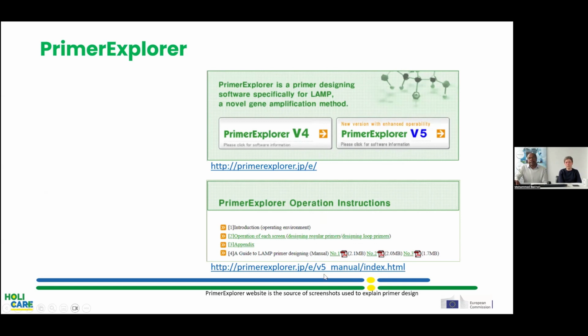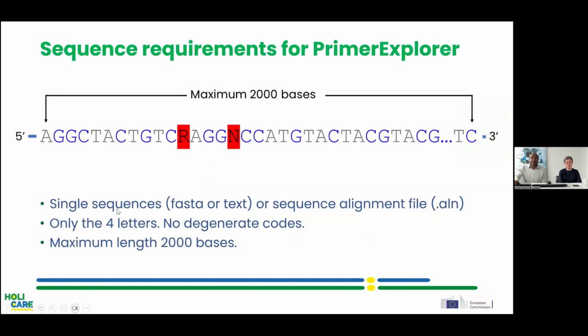If you navigate to this web page here, you will find a very big manual on the use of Primer Explorer, which I recommend to read. You can download these 3 PDF files. For the purpose of the demonstration, we have made screenshots of Primer Explorer with examples of the operations that we are going to show here.